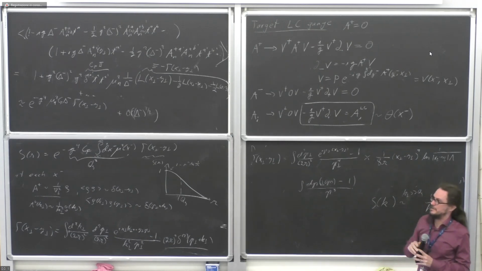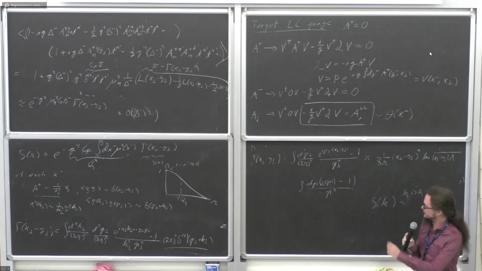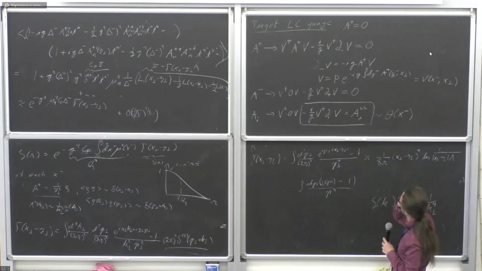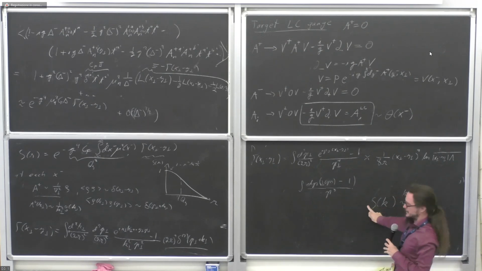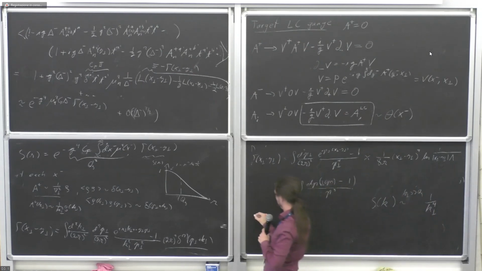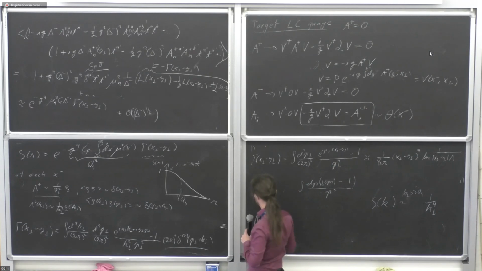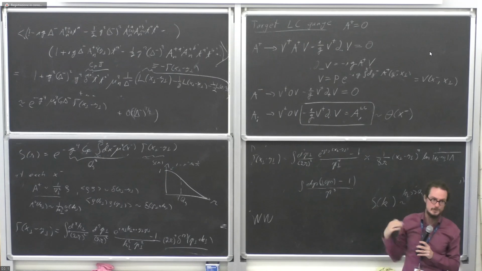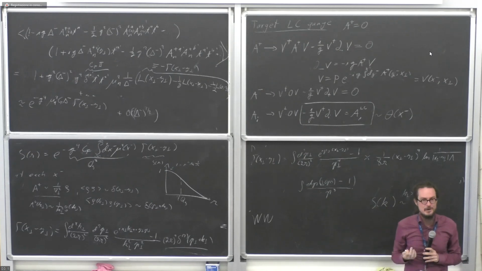We're so much over time, but I have one more thing to say before we go for lunch. This is the so-called dipole distribution. You could also calculate the Weizsäcker-Williams distribution, because we said that we want to go to light cone gauge in order to be able to count how many gluons there are.